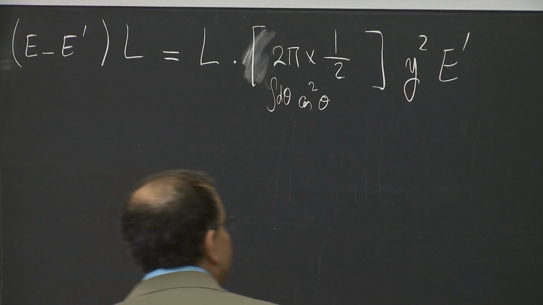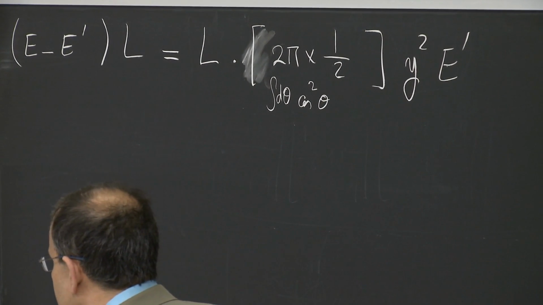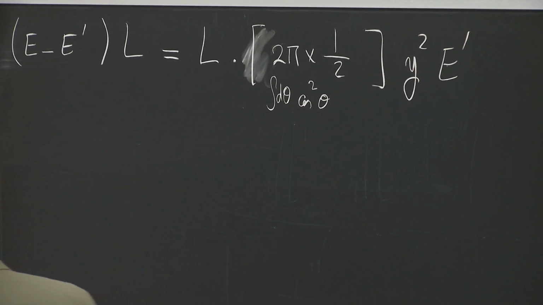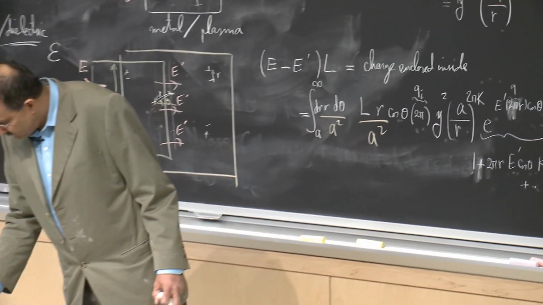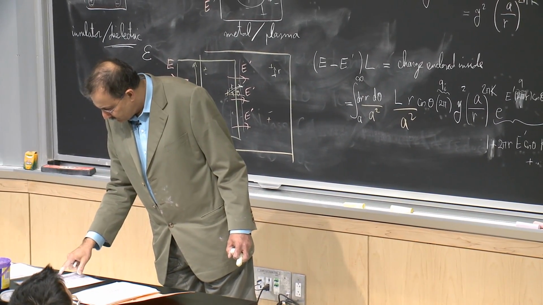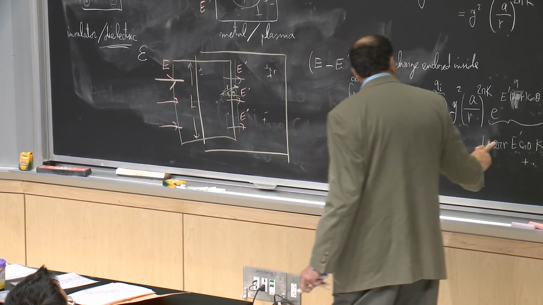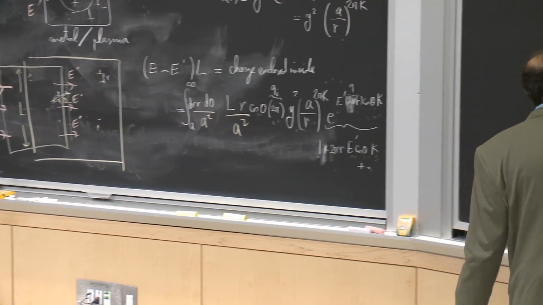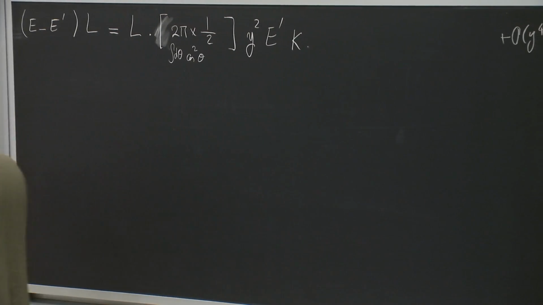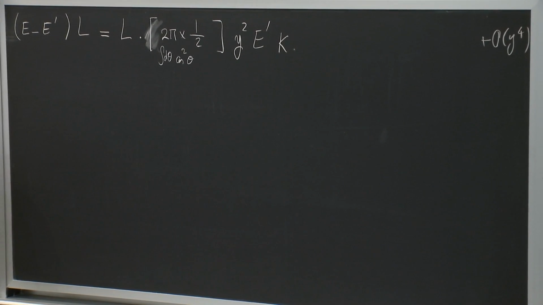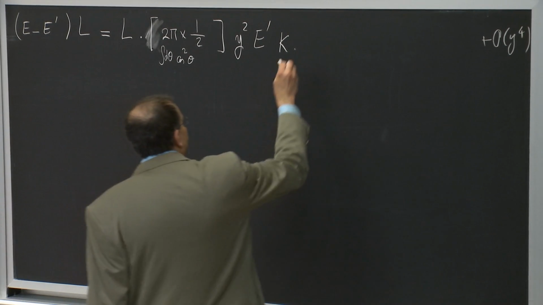We have the factor of k. I have a factor of 2 pi here that came from the charge. I had another 2 pi here, so I have a 4 pi squared.